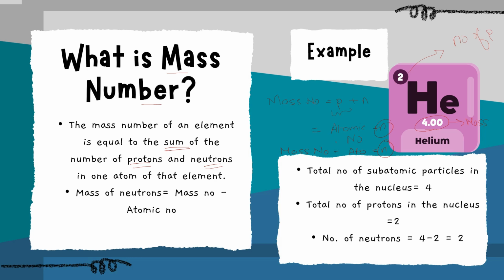The total number of subatomic particles in the nucleus is 4. The total number of protons in the nucleus is 2 because it is the atomic number. Now the number of neutrons will be mass number minus atomic number, that is 2. So it has 2 neutrons in its nucleus.